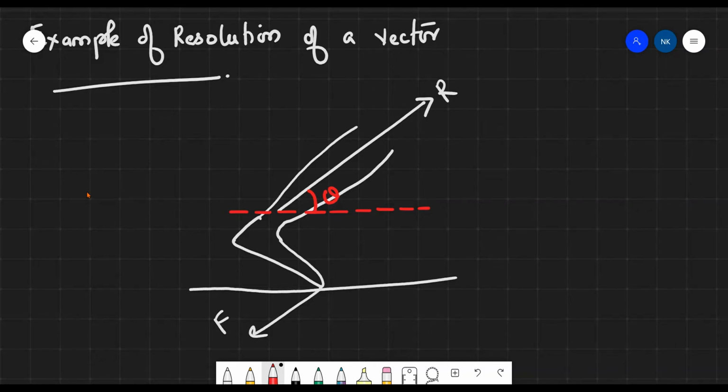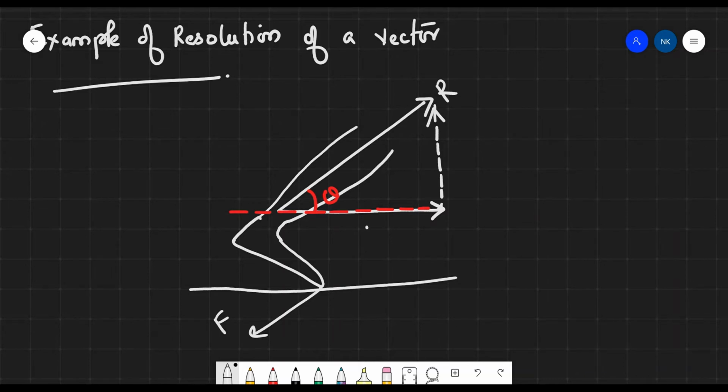All right, now this reaction force, if you have a look, can have two components. R is a reaction force, it's a vector quantity, so it can have two components. This is one component and this is another component.